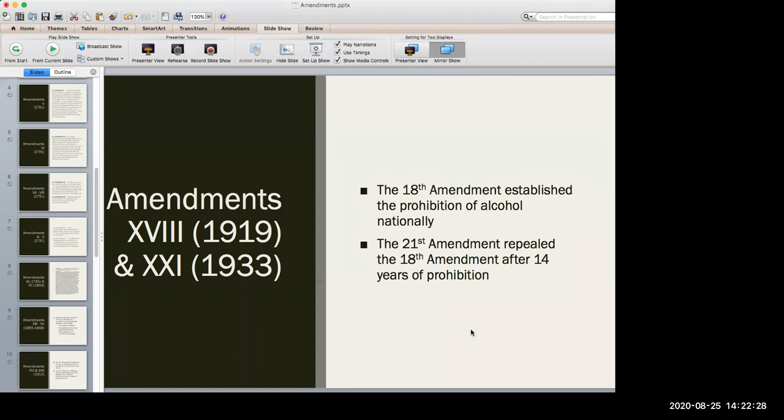So I don't count those, which is how I get to 17 amendments over the last 229 years. But in between the 18th and the 21st, we have 2 amendments, the 19th being my all-time favorite. Why would you think the 19th? Yes, women can vote.